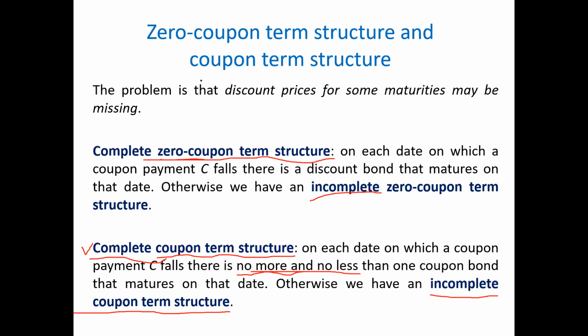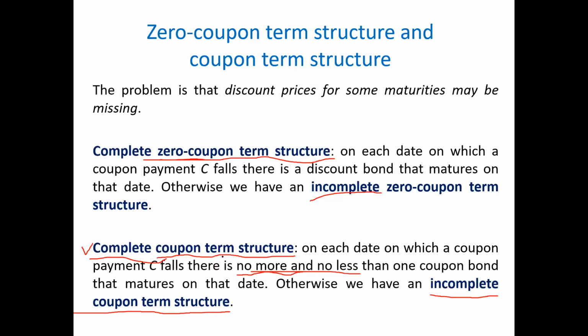Okay. It was between zero coupon complete and incomplete, or zero coupon and coupon. So okay, I guess it's about between zero coupon and coupon.